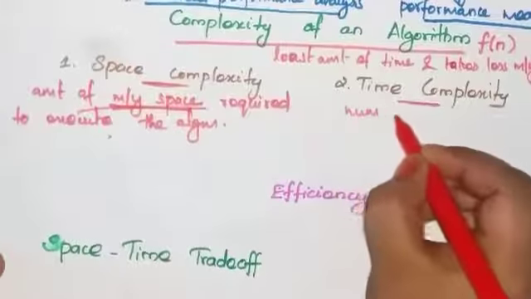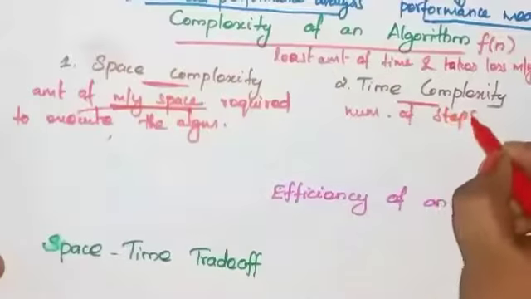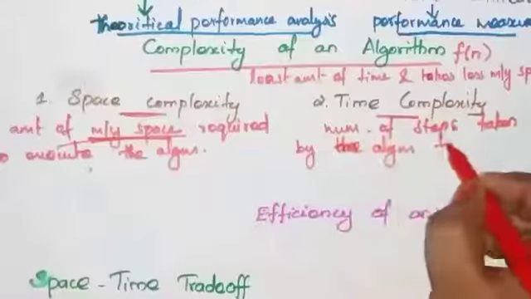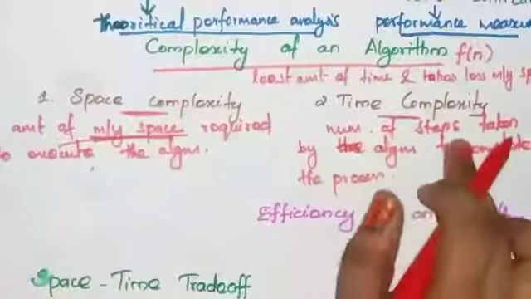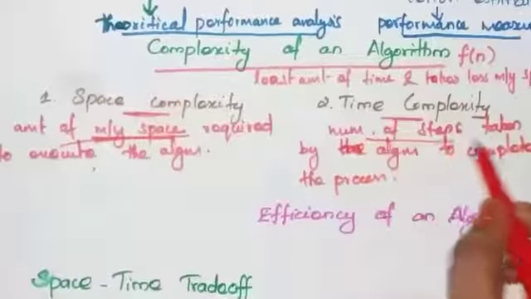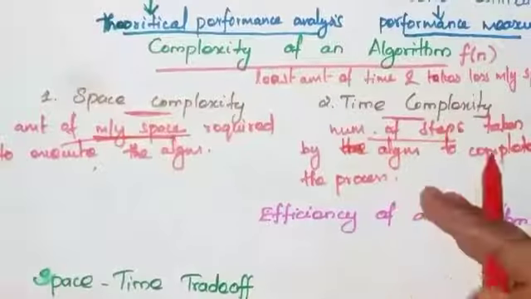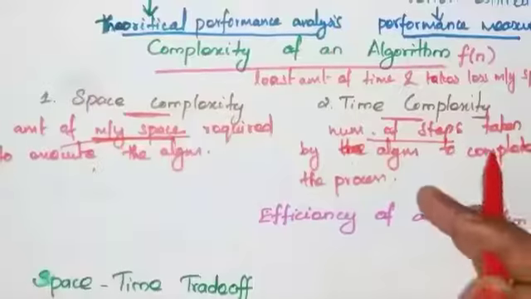What is time complexity? Number of steps taken by the algorithm to complete the process, which means how much time it consumes to execute the program.